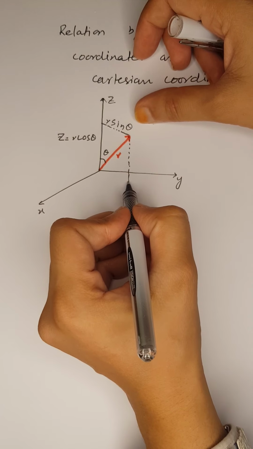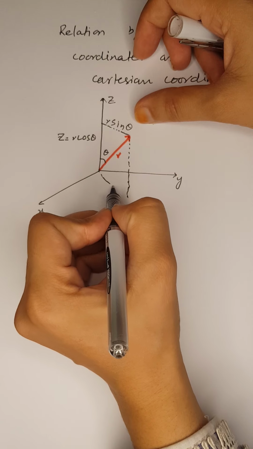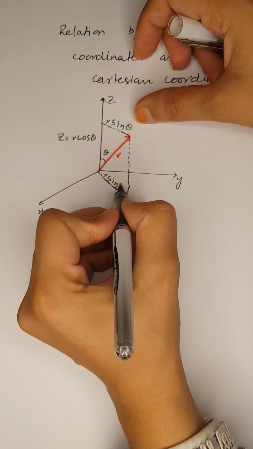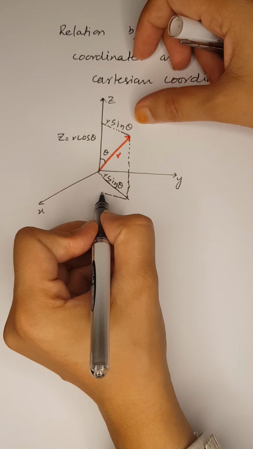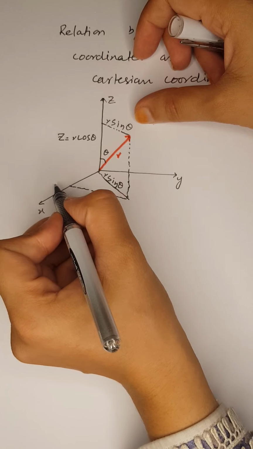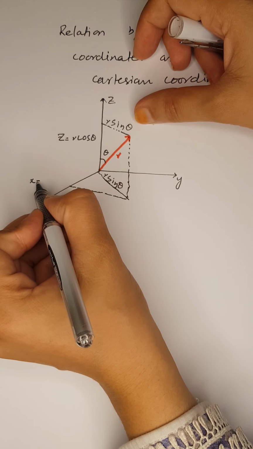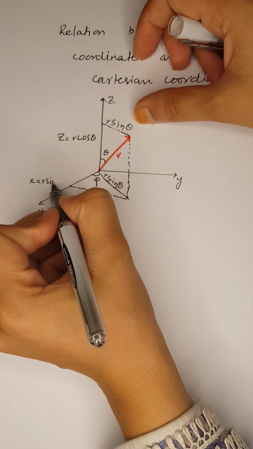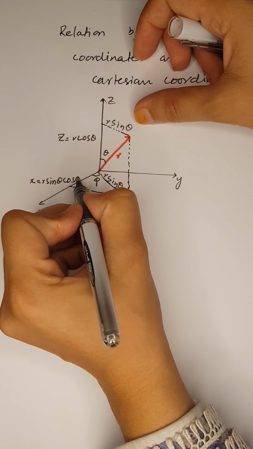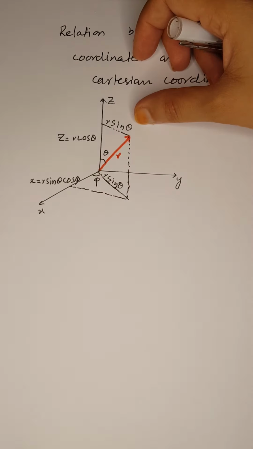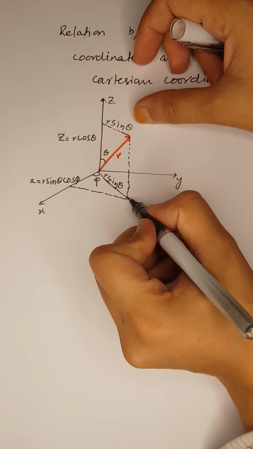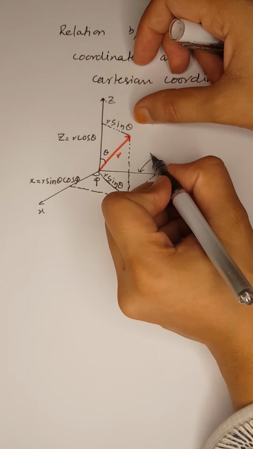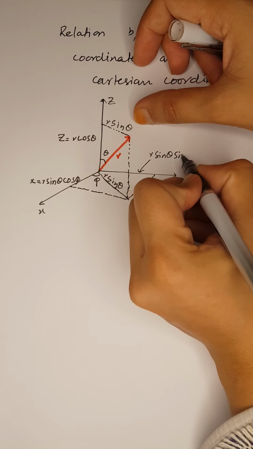All right, so if I take the projection of this vector on the xy plane, this is basically r sine theta. Then on the x axis its component is r sine theta cos phi, and on the y axis its component is r sine theta sine phi.